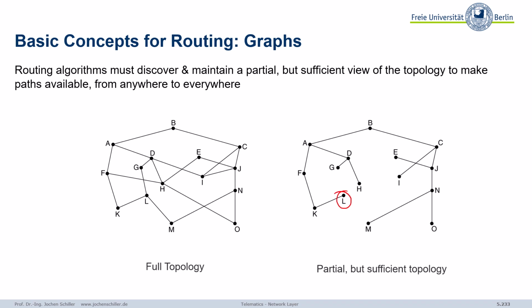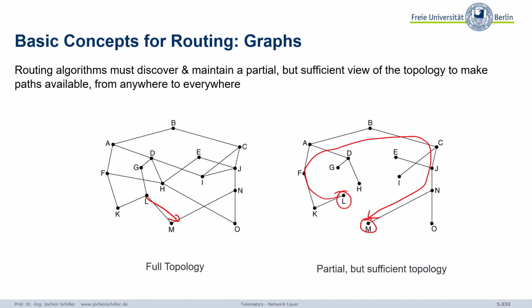For example, if we want to go from L to M, yes, we find a way, but maybe we cannot find the short path. This could happen. So even in the internet, we do not have any node that knows the whole topology. We have to apply algorithms that have to live with a partial topology, hopefully sufficient, but only partial. And we still must be able to discover an optimum path.